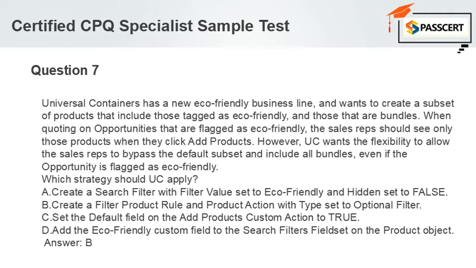Which strategy should UC apply? A. Create a search filter with filter value set to eco-friendly and hidden set to false. B. Create a filter product rule and product action with type set to optional filter. C. Set the default field on the Add Products custom action to true. D. Add the eco-friendly custom field to the search filter's field set on the product object. Answer: B.